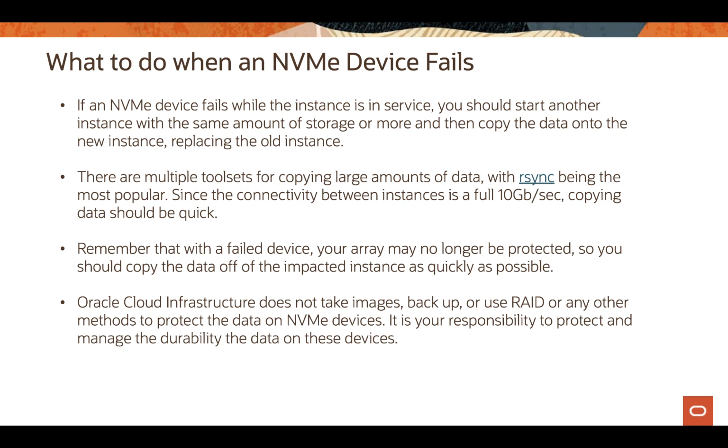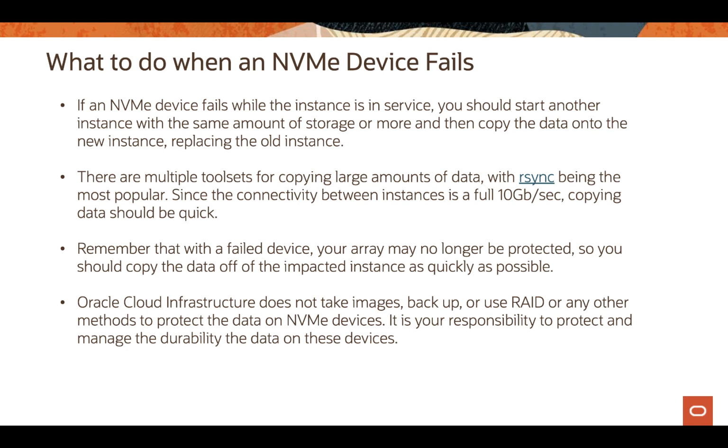If there are any problems with the NVMe device, if for some reason that device fails, the best way to recover is to launch a second instance of a dense I/O shape and copy the data over from that server to the other one. And of course, make sure you have a backup policy in place.